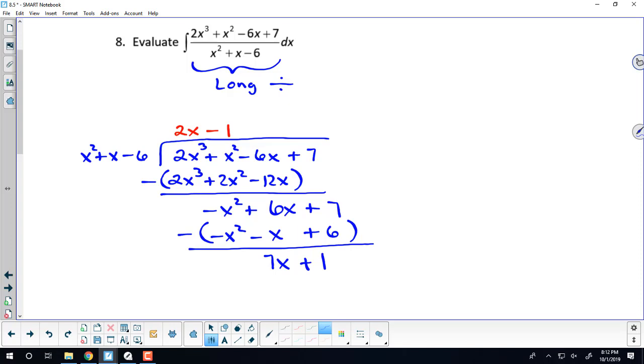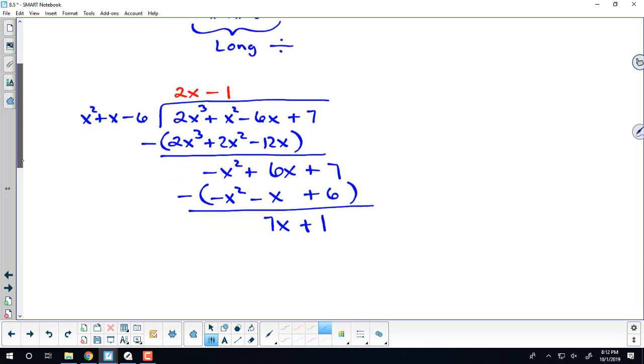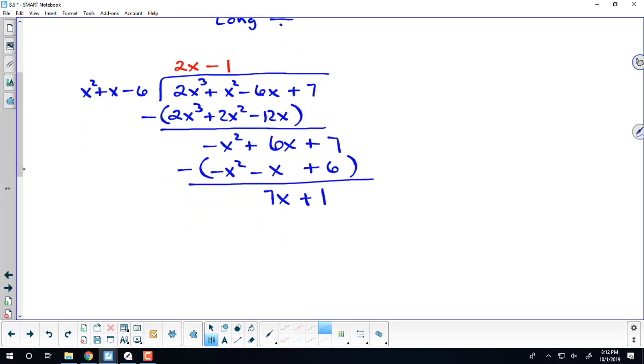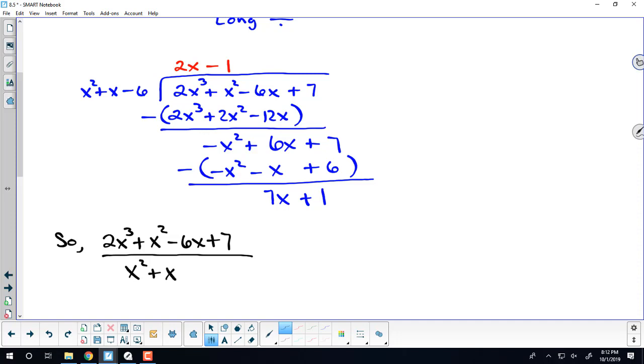So based off of long division, we'll rewrite this. 2x cubed plus x squared minus 6x plus 7, all over our quadratic, is equal to 2x minus 1 plus our remainder over the divisor.